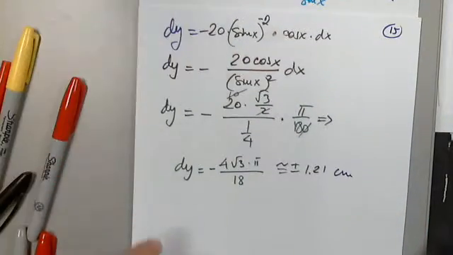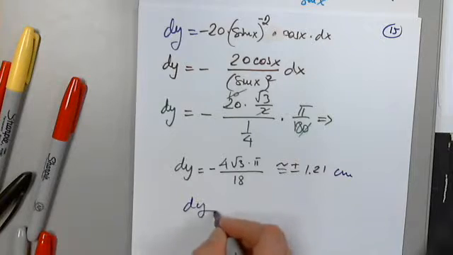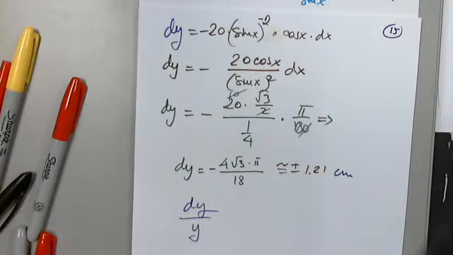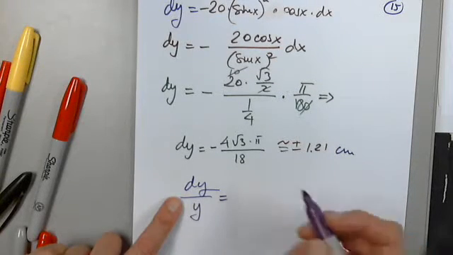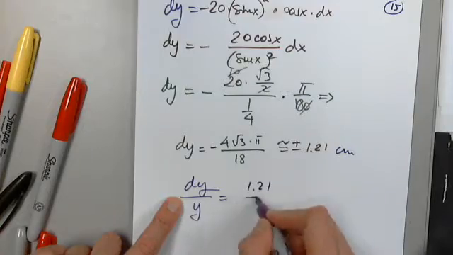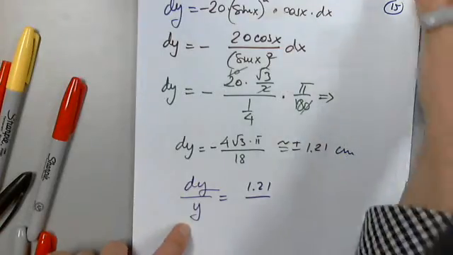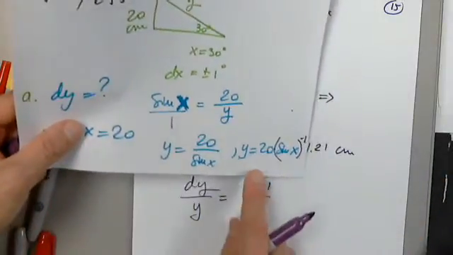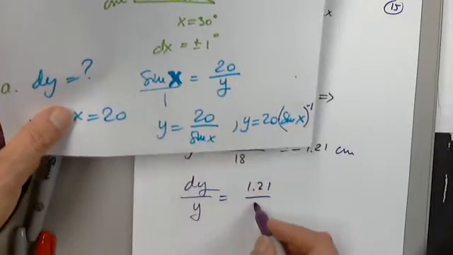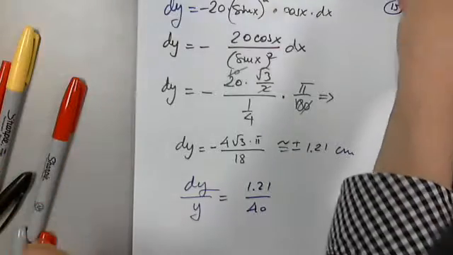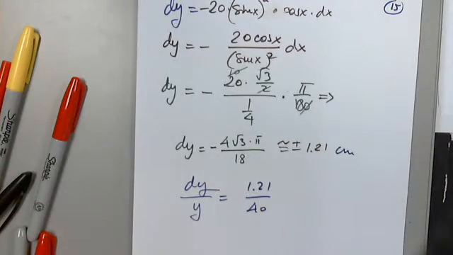And finally, we're asked to find dy over y, which is the relative error. What is the percentage error? But I have to start with the relative error. So dy is plus or minus 1.21. And y is this. 20 divided by 1/2, so it's 40, when sine x is 1/2.